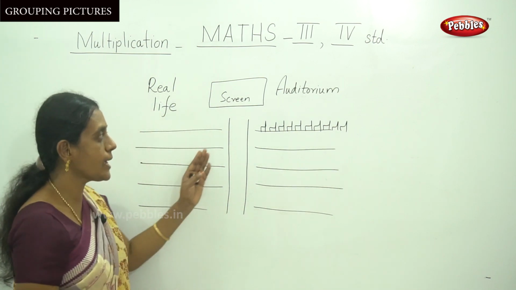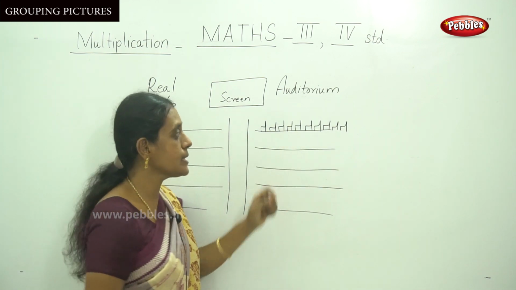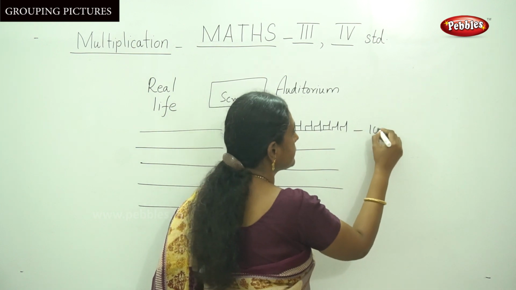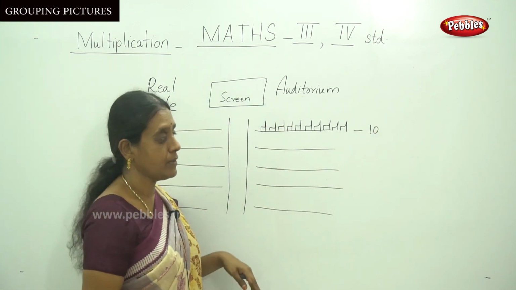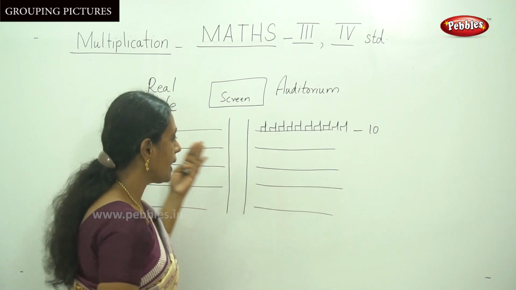These are chairs, so this number is 10, and total rows are 5. That is the right hand side and the left hand side.